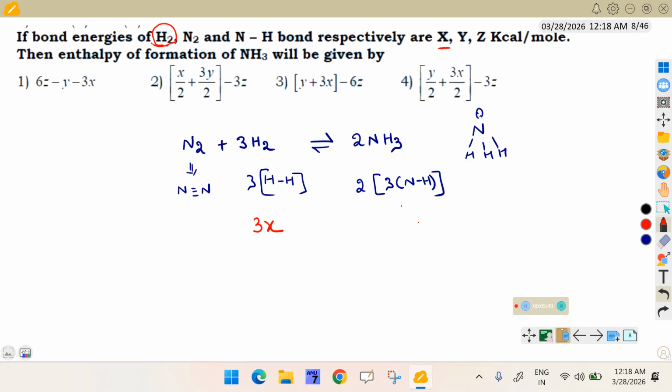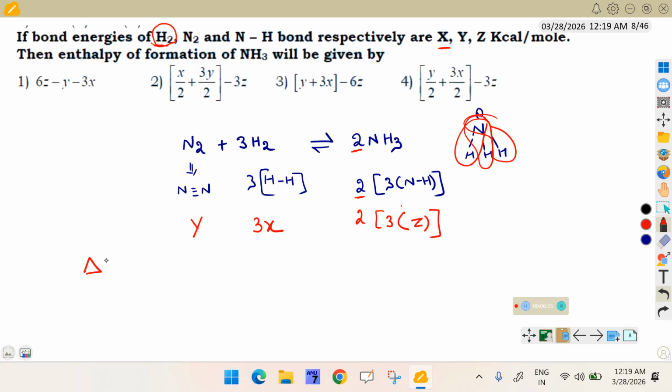N2 bond energy is Y. N-H bond energy is Z. In NH3 molecule, 3 N-H bonds are present. That's the reason 2 moles into 3 N-H bonds.